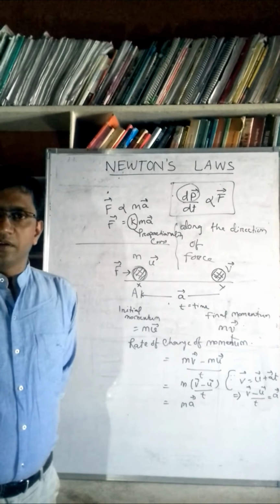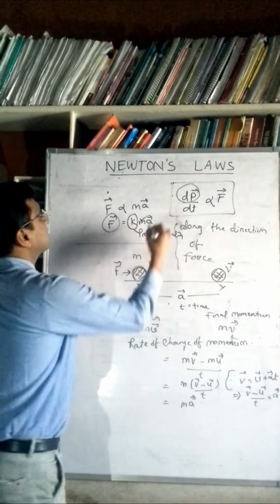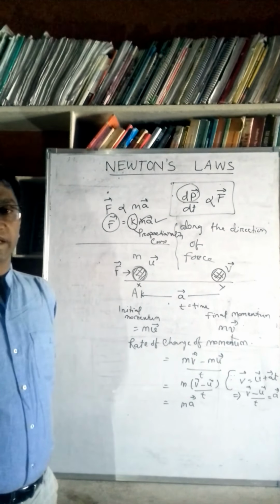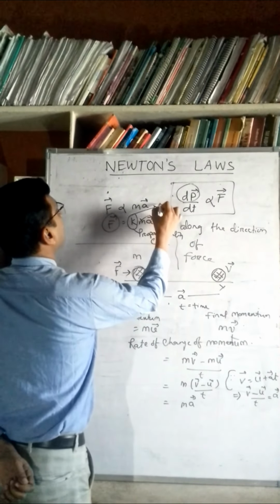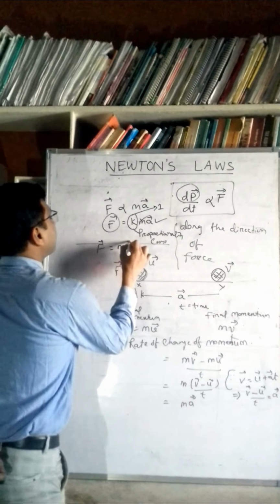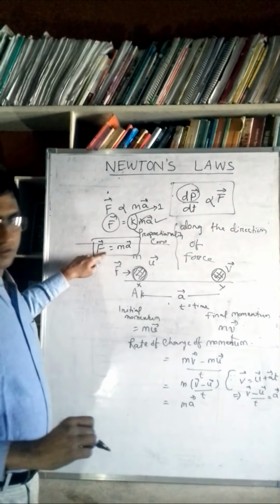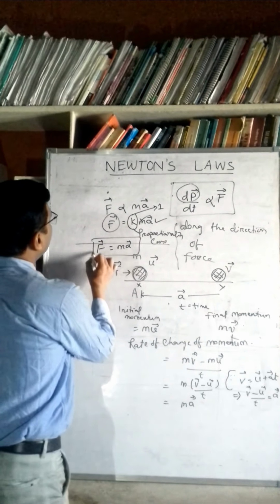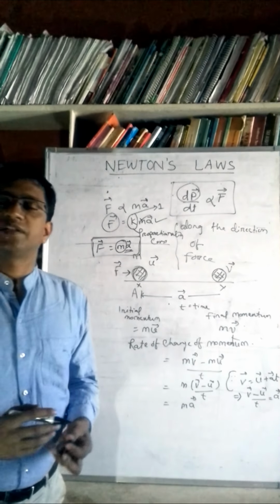The quantities F representing force, m representing mass, and a representing acceleration are so chosen in SI units, and when they are chosen in SI units, the value of k becomes 1. As it becomes 1, we will get F is equal to ma. This is the required expression for force according to Newton's second law of motion. Hence, Newton's second law of motion tells that force is mass times acceleration produced in it.